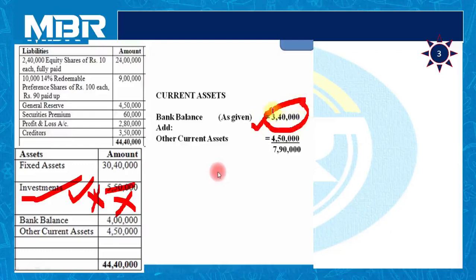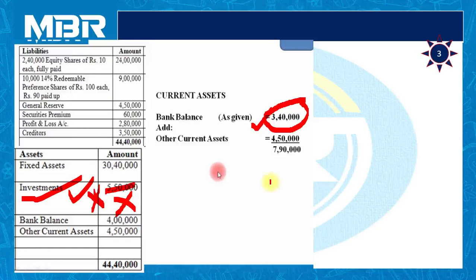Again a question comes to your mind: without any calculation, how do I define bank balance rupees 3,40,000 as a closing bank balance? Very simple. Check the additional information of the question. In the additional information, it is clearly written that we have to maintain a closing bank balance of rupees 3,40,000.